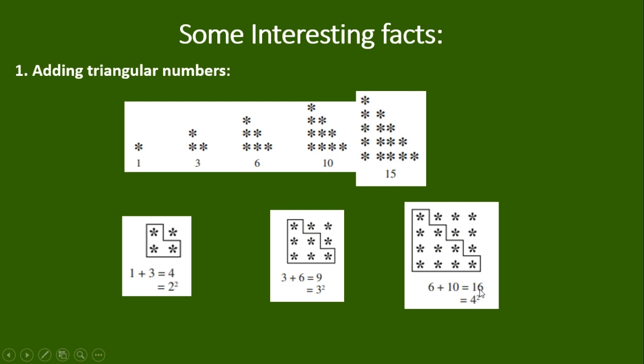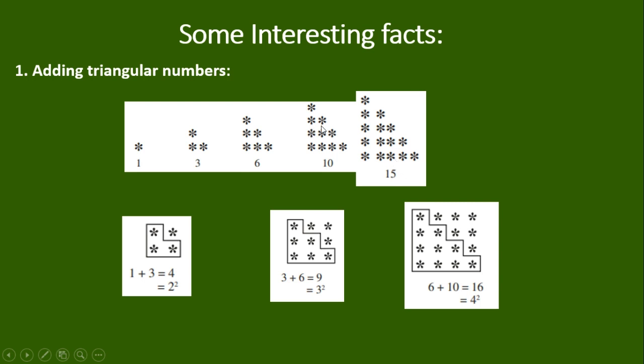So what is the conclusion we are drawing from here? We can draw the conclusion that when we are adding two triangular numbers, we are getting a square number. Again you can see when I'm adding 10 and 15, what will be 10 plus 15? That will be equal to 25. So what is 25? 25 is the square of 5.